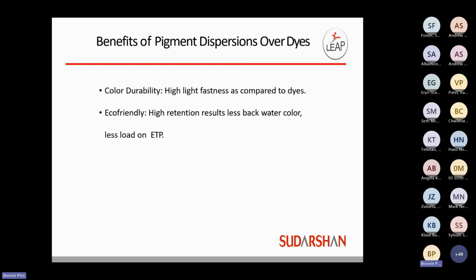Also, in terms of manufacturing, using dyes is less eco-friendly than pigment dispersions because there's going to be less load on your wastewater treatment facility. So, just a few considerations when deciding how to color your paper.